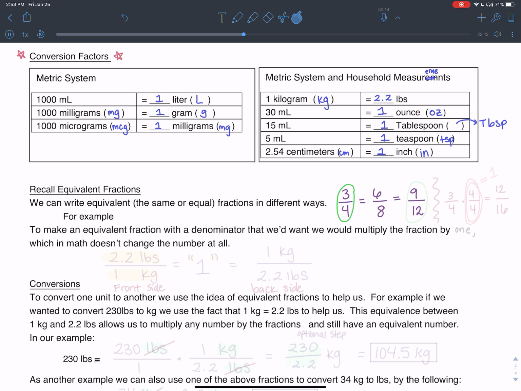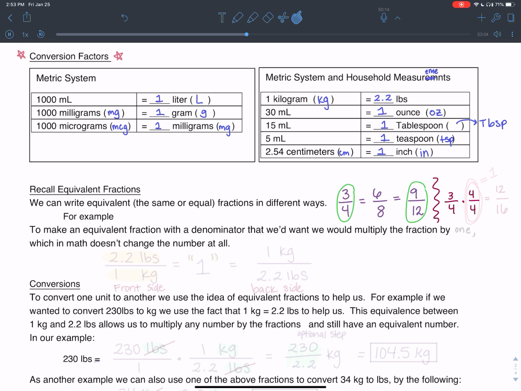We're not simplifying. All I'm trying to convince you of is that if I take 3/4 and multiply by 4 on the top and the bottom, or any number that's the same, you can multiply pi for all I care, pi on the top, pi on the bottom.